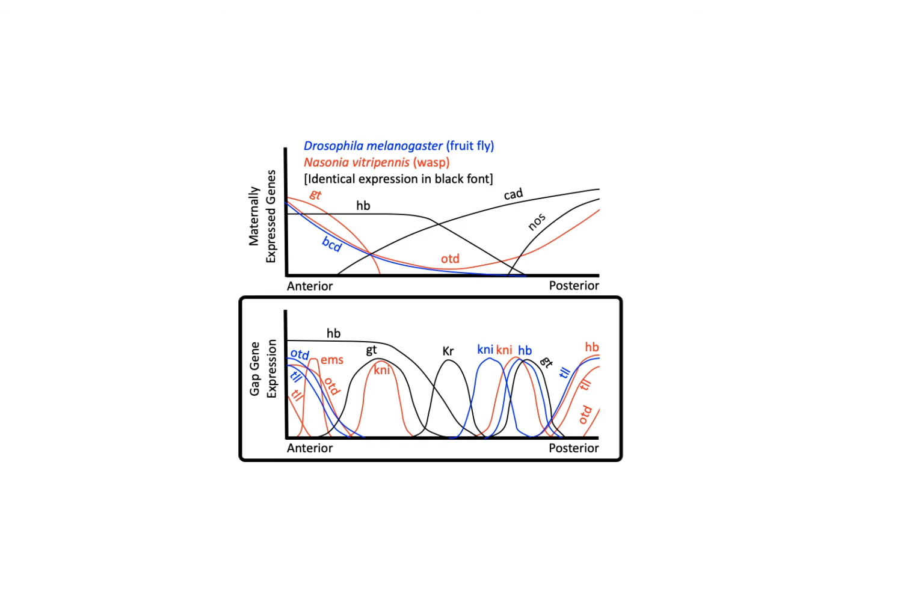And then you have other genes later, gap gene expression, that becomes slightly different again in the Drosophila versus the wasp. And so eventually you get the two organisms that are similar in some ways, but very different ultimately in what they look like.